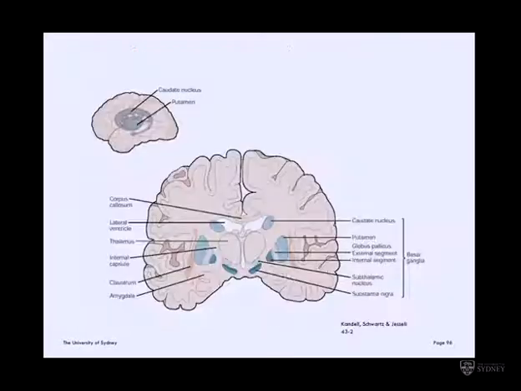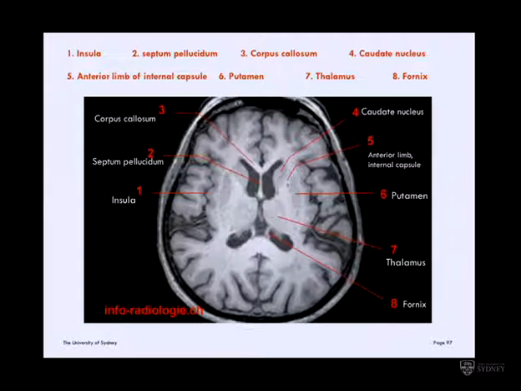So here's an MRI showing you these images. So here are your lateral ventricles. You can see the two lateral ventricles. You can see the septum pellucidum, the thin layer of tissue that separates the lateral ventricles. Protruding into the lateral ventricle, you can see the head of the caudate nucleus on both sides.